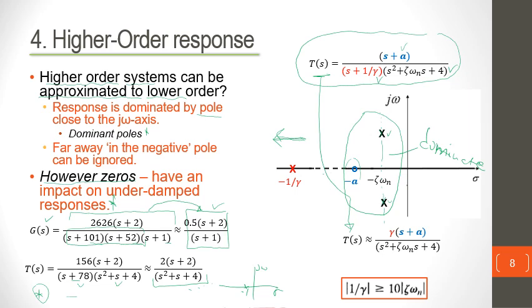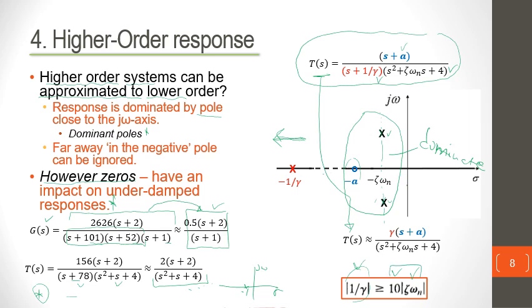As a rule of thumb, we say we can do such an approximation when the furthest pole is at least or around more than 10 times as far away from the imaginary axis as the closest pole.